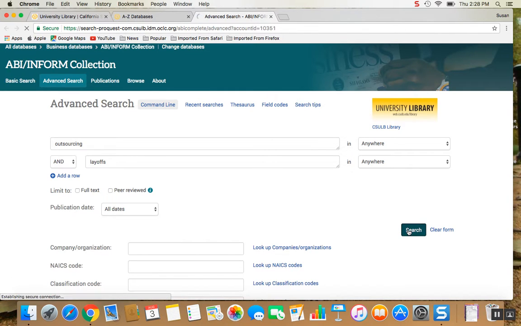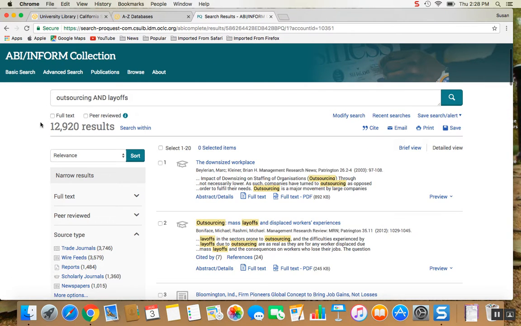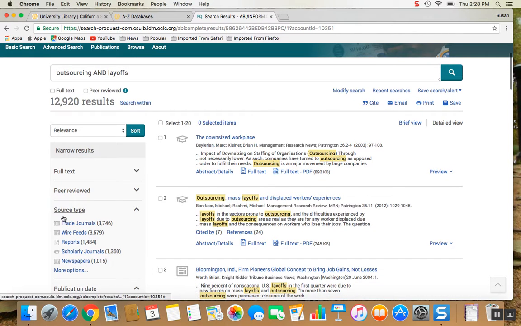Remember, ABI also gets you into magazines, newspapers, trade publications, and scholarly journal articles. Notice that we got many more results than we did with the same keyword search in Business Source Premier. And part of the reason for that is that ABI has wire feeds.